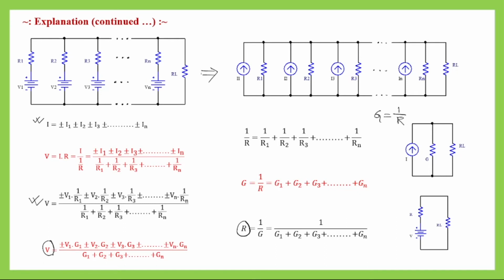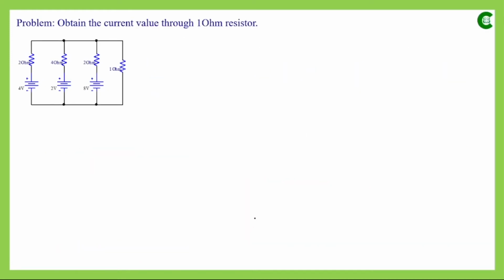Next we will apply the concept of Millman's theorem to find the equivalent voltage value and equivalent resistance value, and we will solve a few numericals so it will be more clear. Now in this DC network, as we can see, there are a few parallel branches, and in every branch there is a voltage source and a resistor connected in series, and there is a load resistor having a value of 1 ohm.